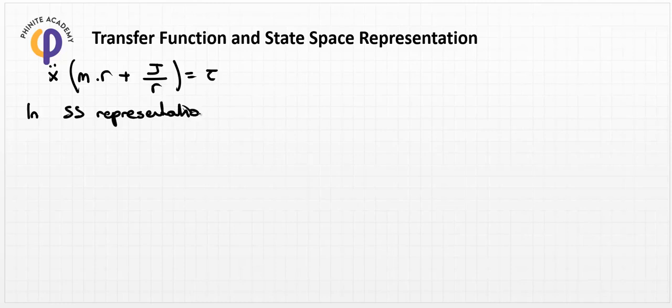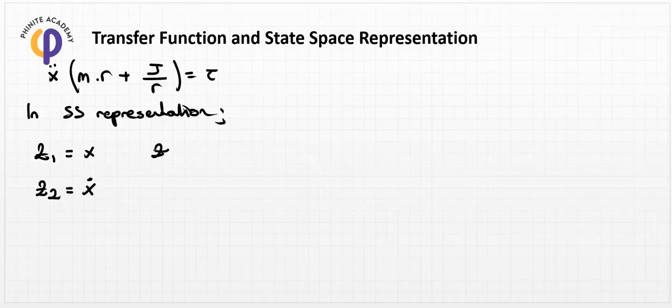In state space representation we need to assume that dummy variables can be assigned as state parameters, like this one. x is equal to z1, and z2 can be considered as x dot.